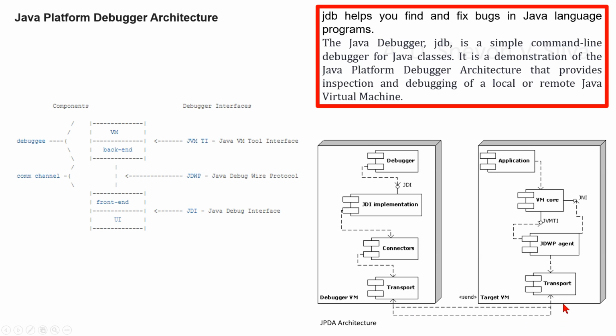Java Debug Wire Protocol, JDWP, a specification of a protocol used for communication between the debugger and the JDWP agent loaded on the JVM process.